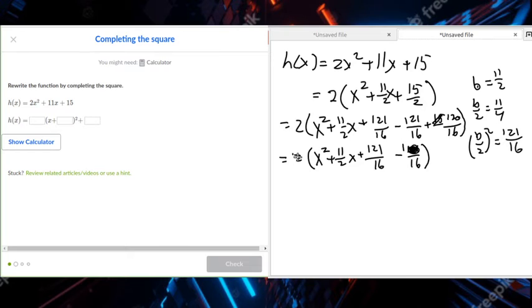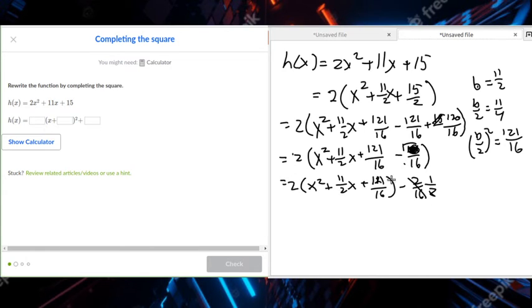So I'm going to distribute this out, and I'm going to take this out of our equation here. So it's 2 times x squared plus 11 halves x plus 121/16, and then minus 2/16, which is the same as 1/8. Okay.